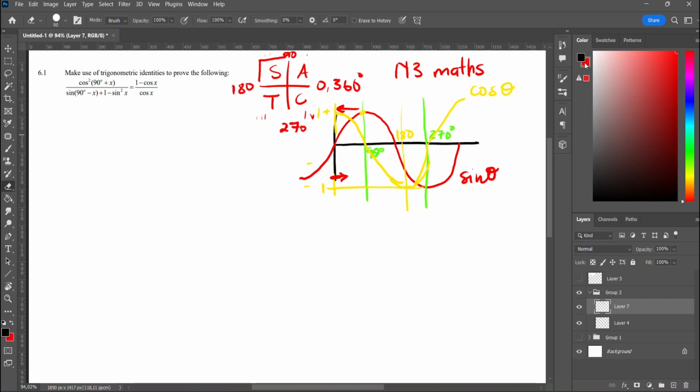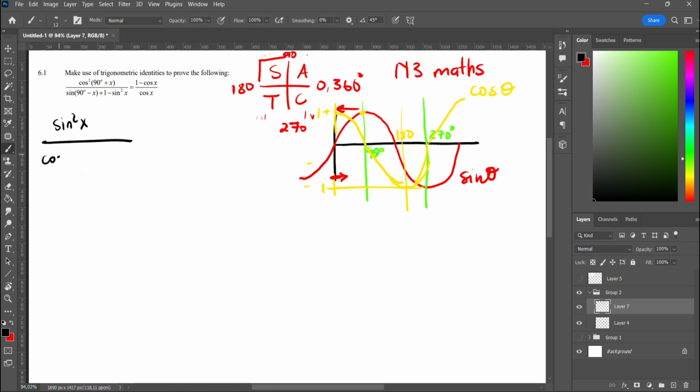I am so confused. Okay, see, so it's going to be sine squared x over cos x. This identity, if you remember that sine squared x plus cos squared x equals 1.